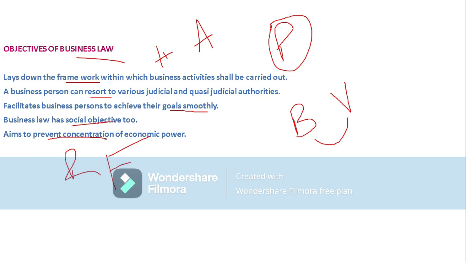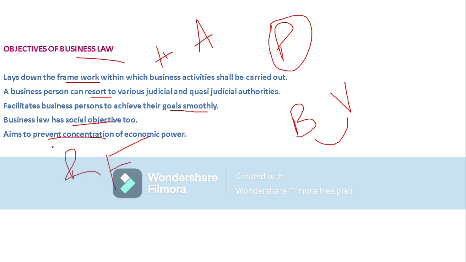Concentration of economic power means here, in order to gain more profits from the public, monopoly practices will be maintained in the market, or many of the marketers will come into one word, fixing prices. For fixing the price of a commodity in order to gain more profits.